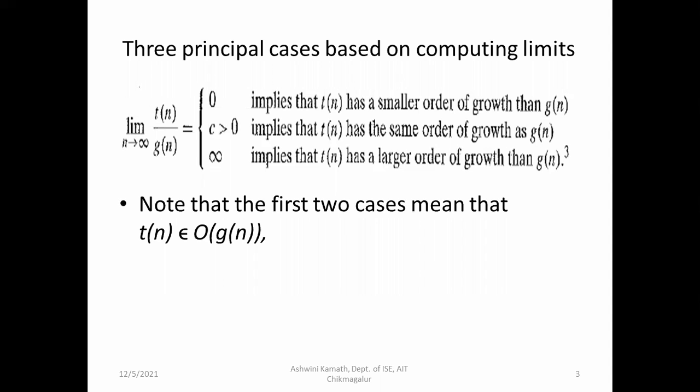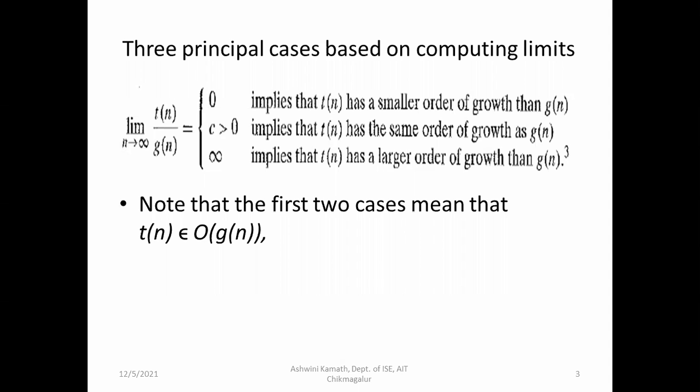Here we have to note that the first two cases mean that t of n belongs to big O of g of n, that is, the value is equal to 0 or greater than 0. Usually less than or equal to: t of n is less than or equal to g of n means we will get 0 or more than 0.